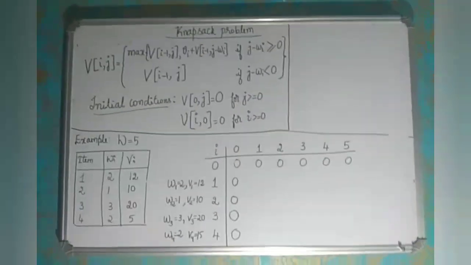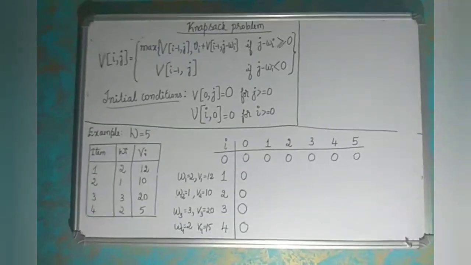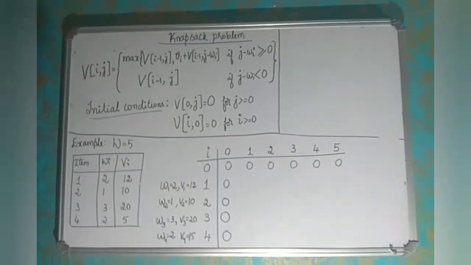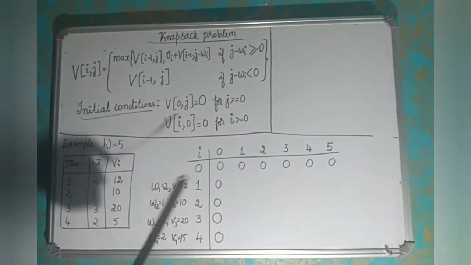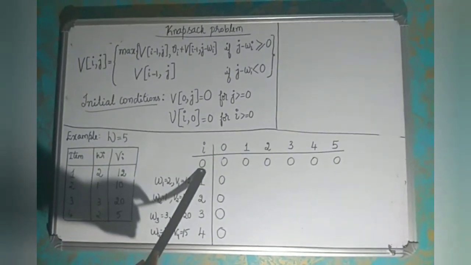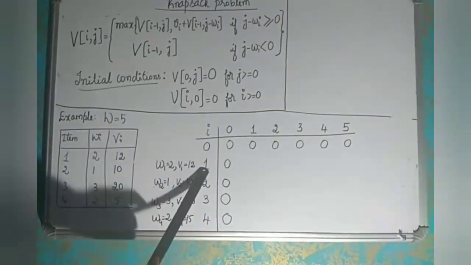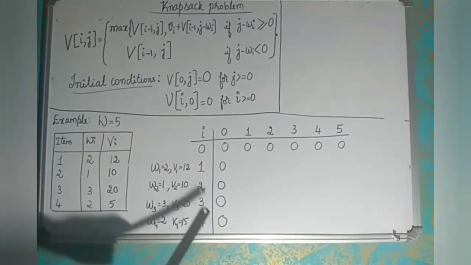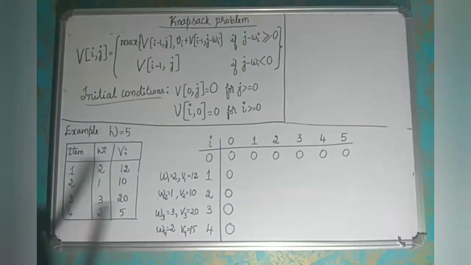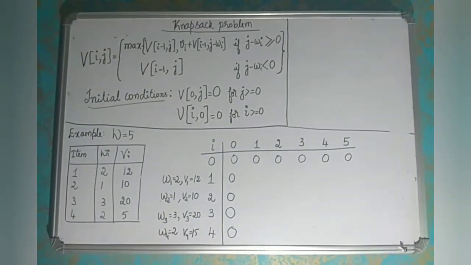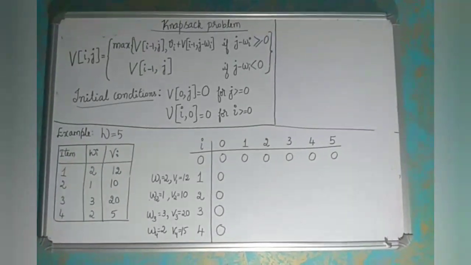What we have to do? We have to draw the table wherein we are going to maintain all the sub-solutions. So, as I told, the row index must start from 0 and the next index should be 1, 2, and so on up to the last index n. n is nothing but the total number of items, that is 4. Next, the columns.